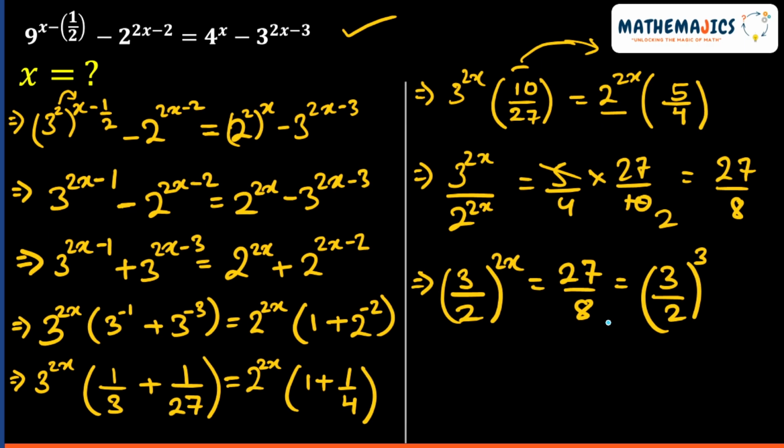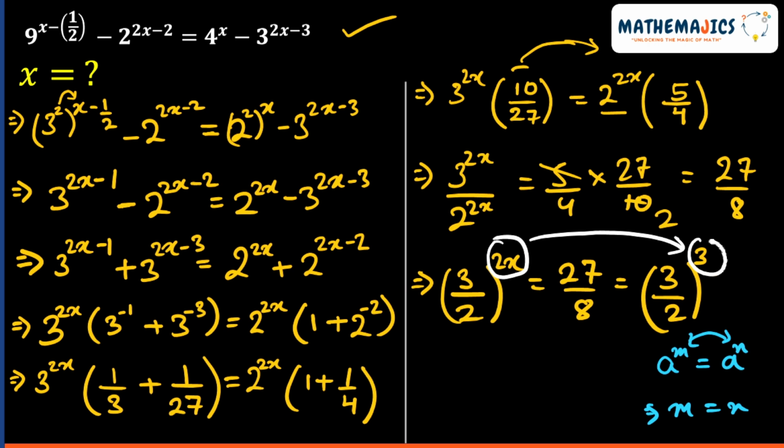After this step, we will be using one more exponent rule which says a raised to power m is equals to a raised to power n. Whenever we have such a condition, this means the powers will be equal to each other. So what does that mean? That means here the power 2x is equals to 3.